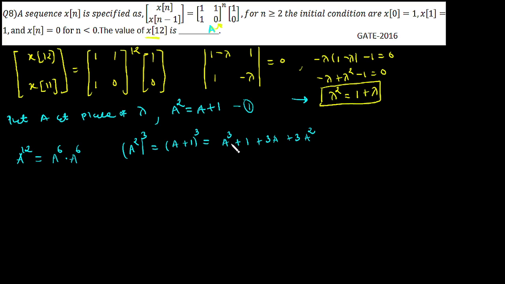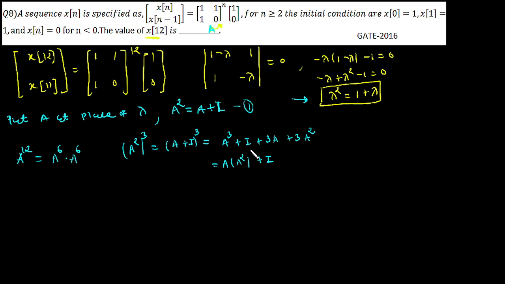Now let's simplify this further. So now we can write A cube as A multiplied with A square, A multiplied with A square. Now this one remains as it is, because we have to write the identity matrix, since this is a matrix equation, we cannot write 1.